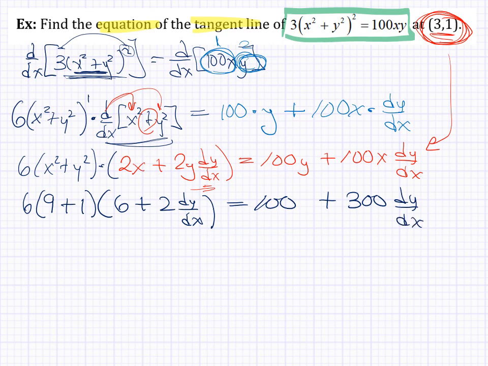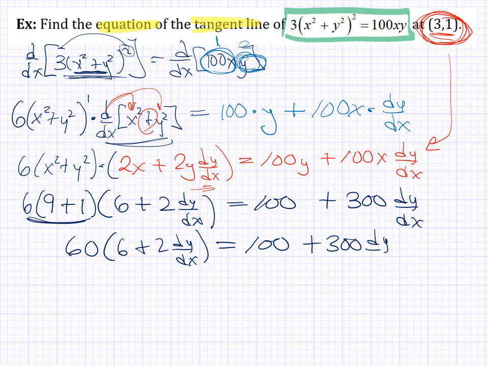And I still have to get dy dx by itself, but at least now I'm dealing mainly with number values that I have to isolate away from the dy dx. So this will be 6 times 10, so that'll be 60 times 6 plus 2 dy dx equals 100 plus 300 dy dx.